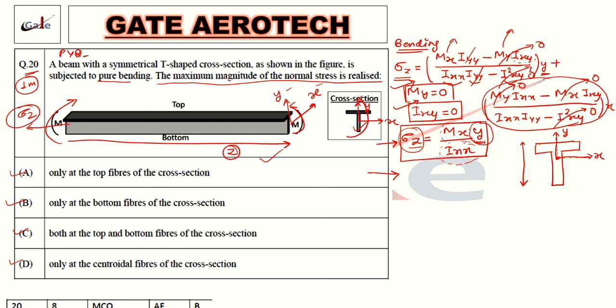So the only thing to vary is y. This is y1 and this is y2, and if you see carefully, the y2 distance is greater than y1.